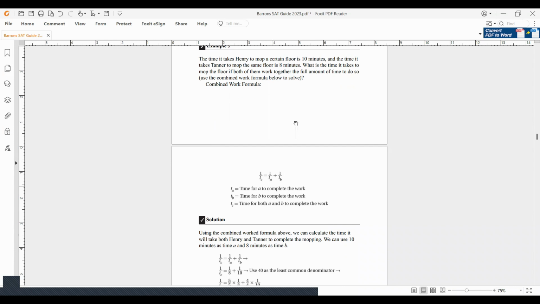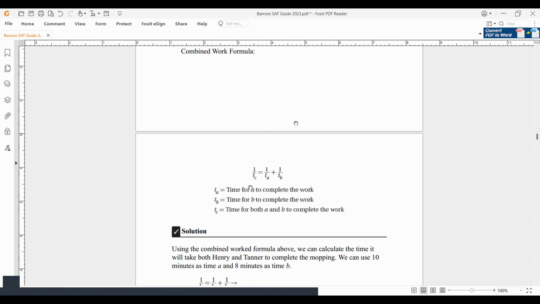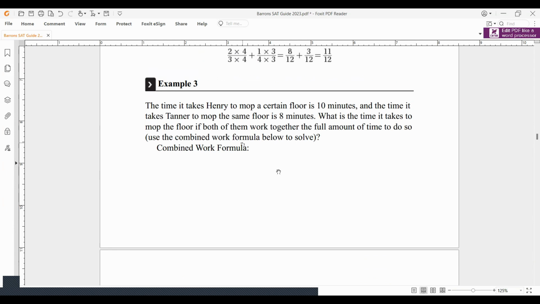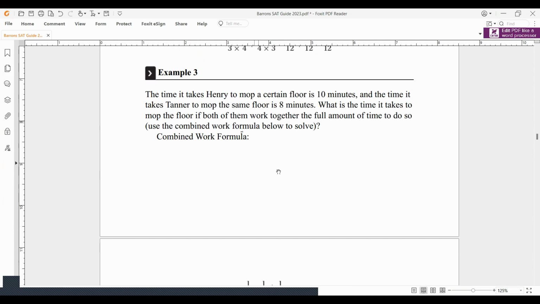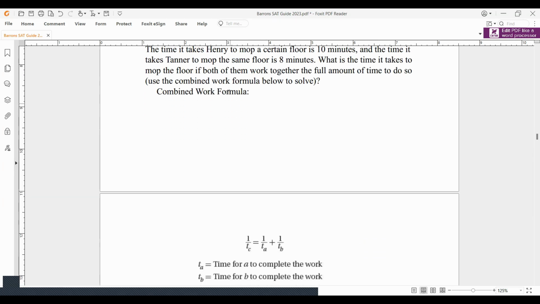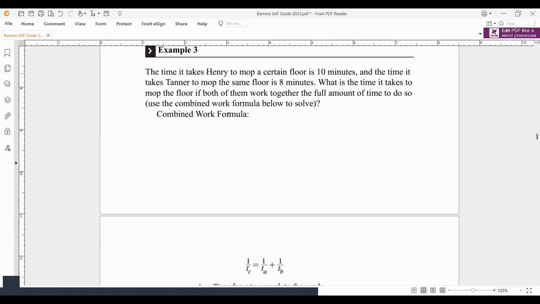They have also explained what each symbol stands for: time for A to complete the work and time for B to complete the work. So we have two different persons, Henry and Tanner. Henry takes 10 minutes and Tanner takes 8 minutes.